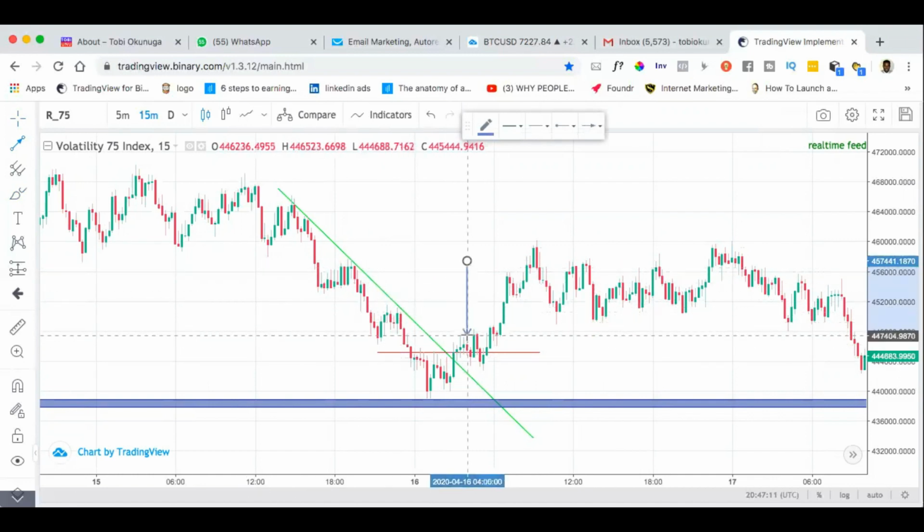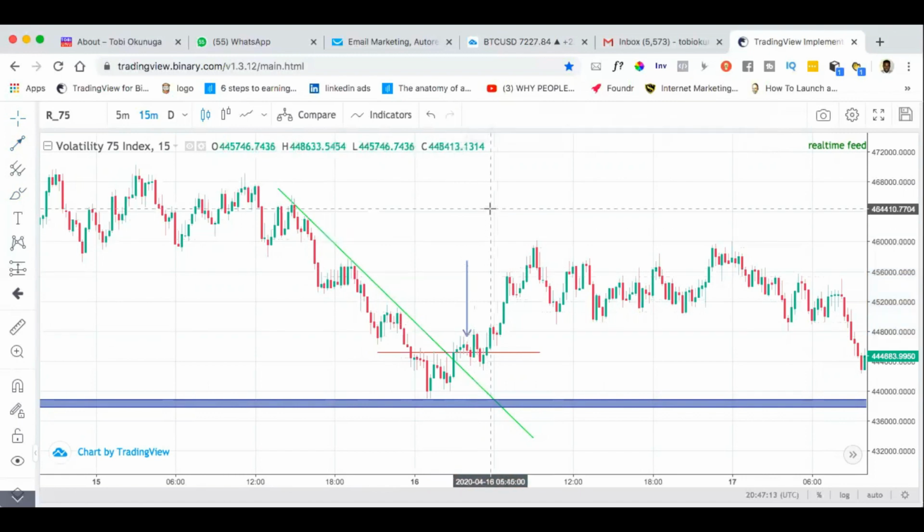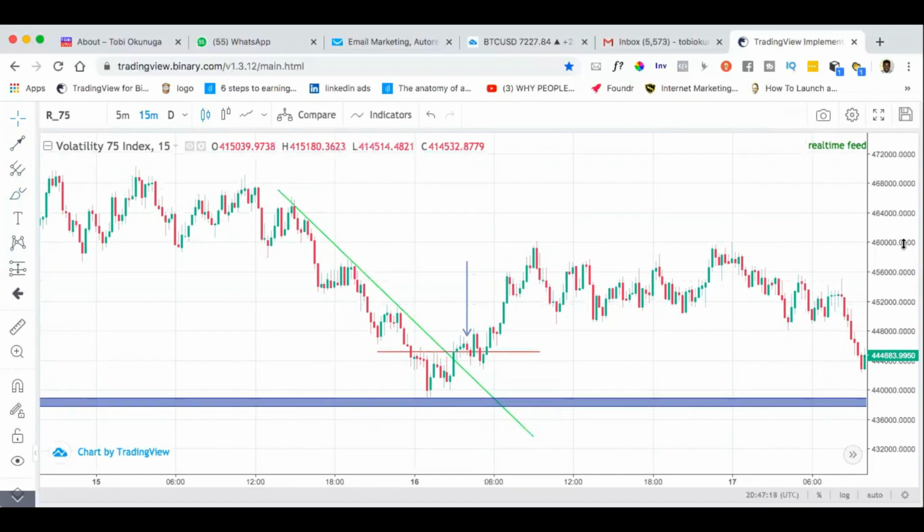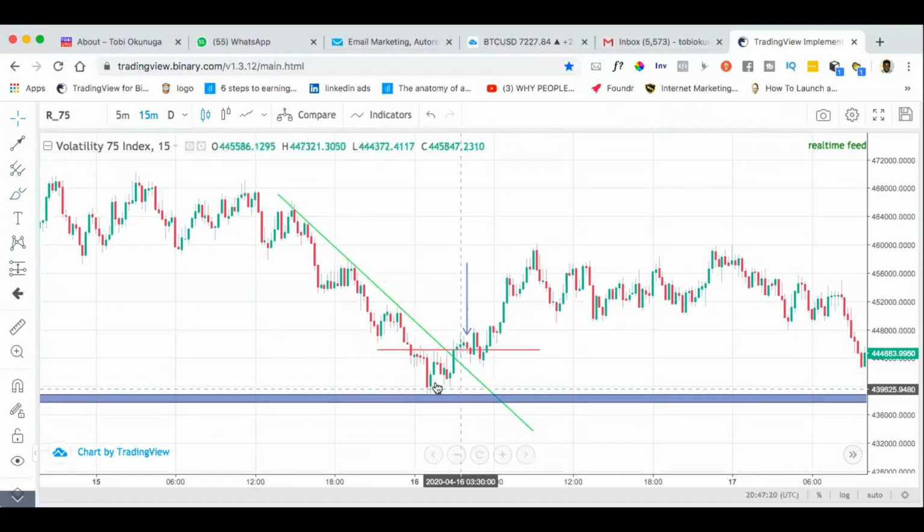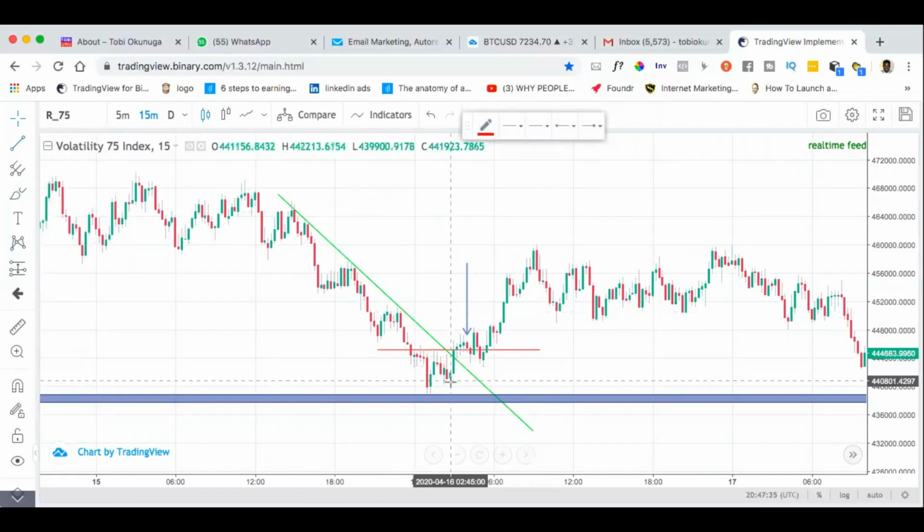So I enter my trade. My stop loss is usually over here, at the start of the impulse move over here, or the most recent support, and that is over here.